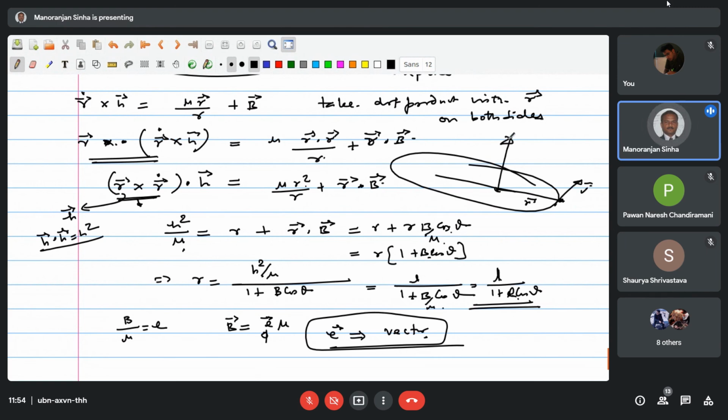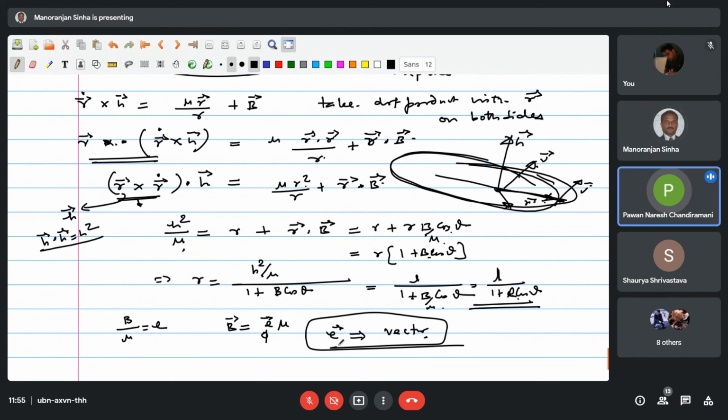H vector is perpendicular to the orbit, so V cross H vector lies along this direction, either this direction or that, depending on the direction of V. So it's always in the plane of the orbit. So we stop here. If you have any question, you can ask me. Otherwise, I'll go for attendance.